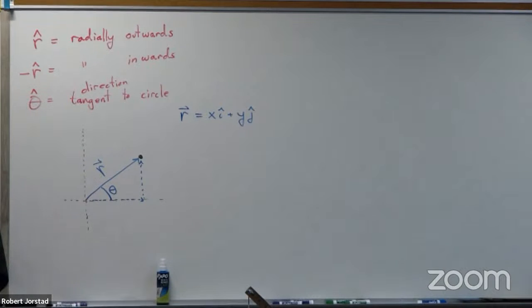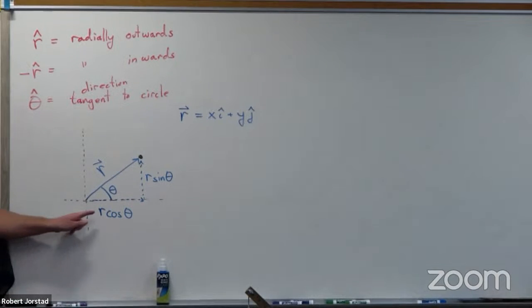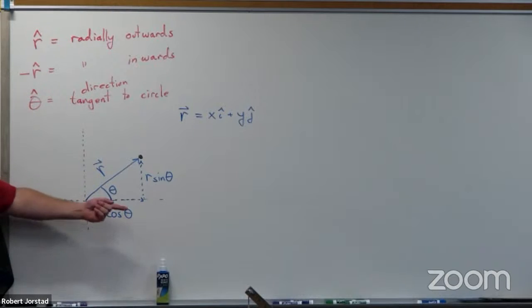Now notice this side is r cosine theta and this is r sine theta. Take a second to believe that. In particular, the notation. Notice I removed the arrow, so this is magnitude.